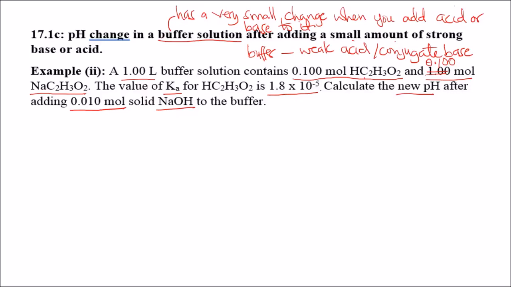Alright, so how do you solve this? To solve this problem, first you need to know what is the initial pH before adding the solid sodium hydroxide. So as usual, we are going to use the HH equation.